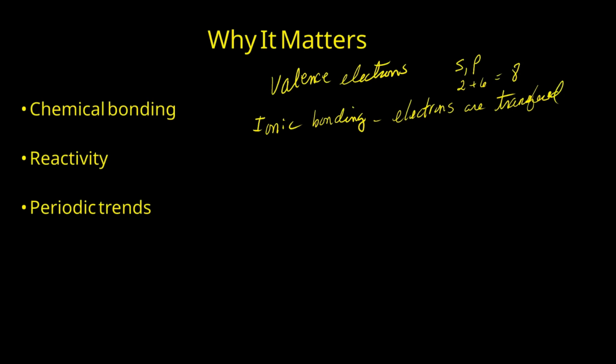So the atom which loses an electron becomes positively charged, and this positively charged ion is called a cation.